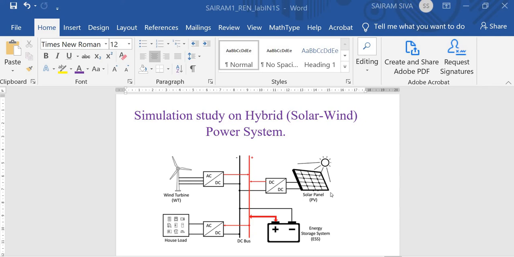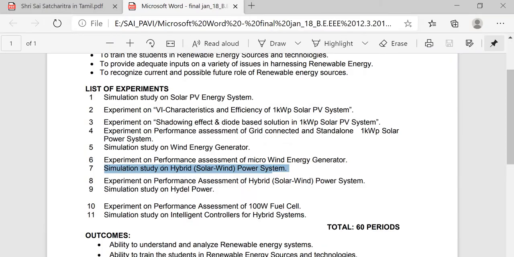Dear viewers, today we are going to see the simulation study on hybrid solar wind power systems. This is the experiment from the Anna University Renewable Energy Lab: a simulation study on hybrid solar wind power systems.